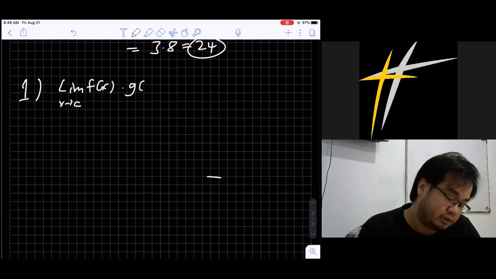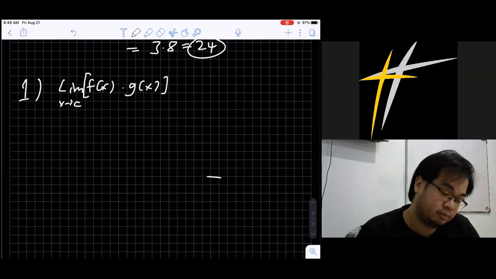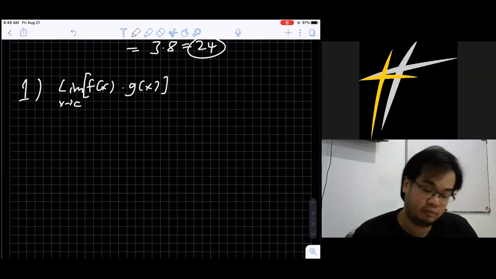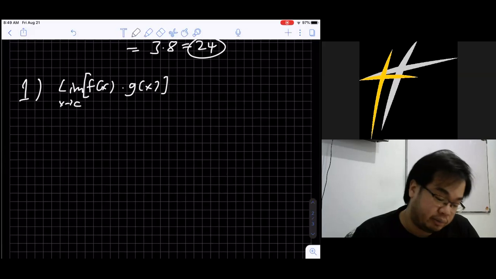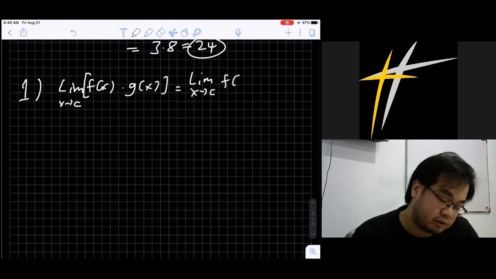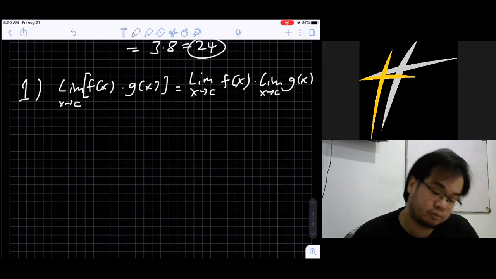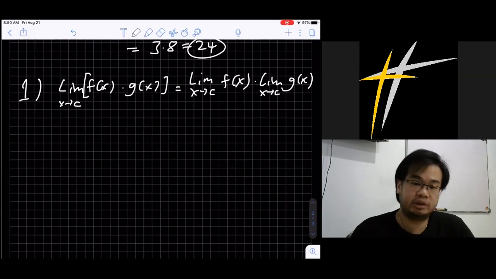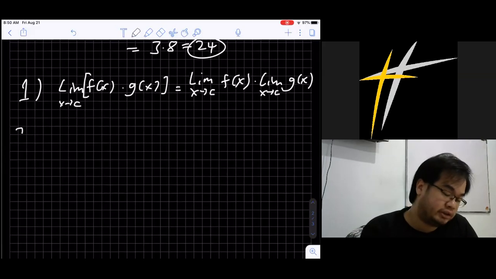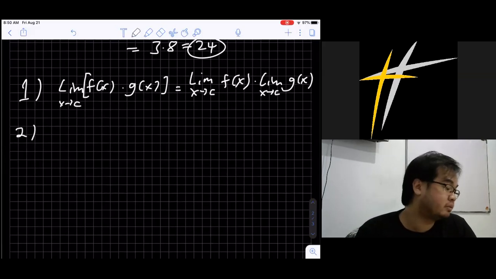So I have two functions like this. Actually, it can be separated into the limit as x approaches c of f(x) times the limit as x approaches c of g(x). So it can be split. The same with division.